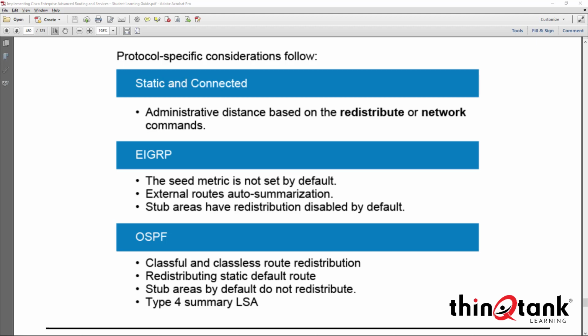So if you run into a situation where you're redistributing into OSPF, the best rule of thumb is to just go ahead and use the subnets keyword because it's going to include classful and classless networks, and then you're covered, right? You don't have to worry about whether or not you're supposed to have the subnets keyword, okay? So I might say, for example, in OSPF, redistribute static, but I'm going to add the subnets command to redistribute the static routes in OSPF.